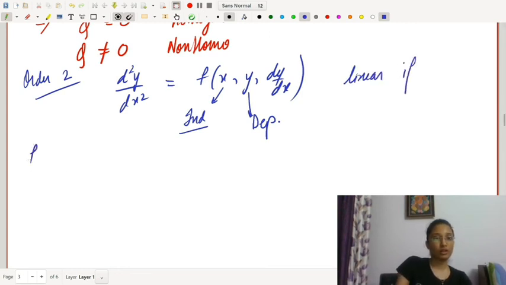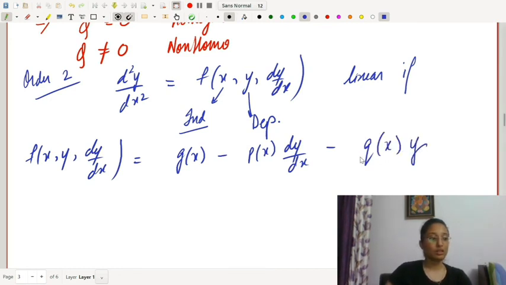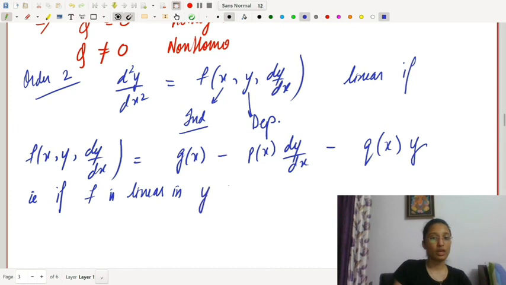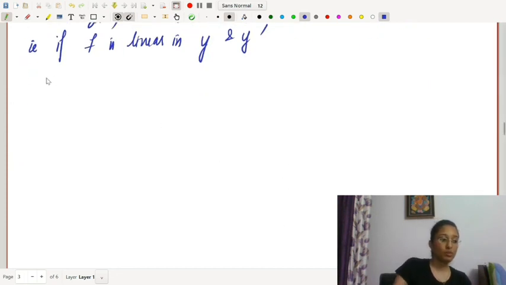If f of x, y, dy over dx is of the form g of x minus p of x into dy over dx minus q of x into y, that is, if f is linear in y and y dash, where g, p and q are functions of x only, the independent variable.